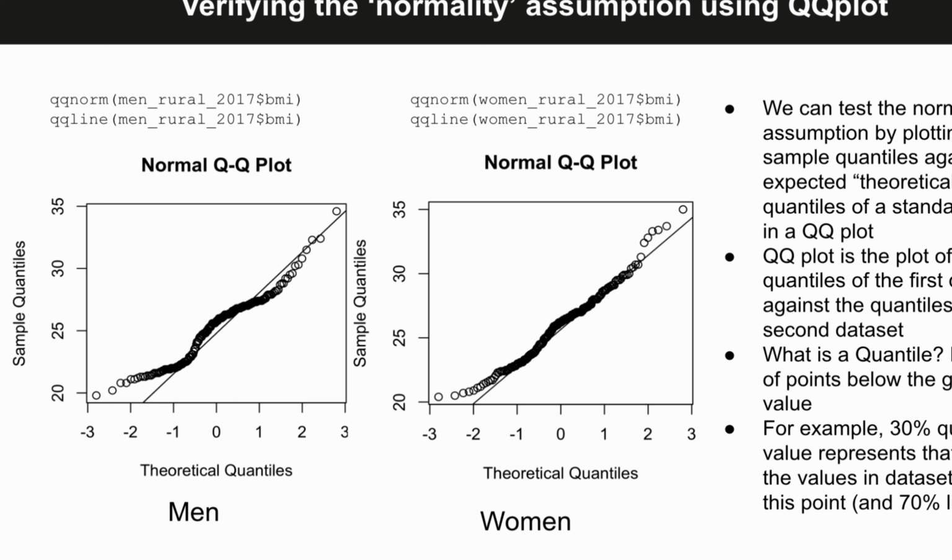Standard normal means zero mean, and usually it will go from minus 4 to plus 4. This is what the entire spread dies down to. Of course, it goes to infinity, but it basically starts to die down after 4, which is what you're plotting on the x. And then you take the quantity of interest. For example, I take the BMI of the men and I plot their quantiles.